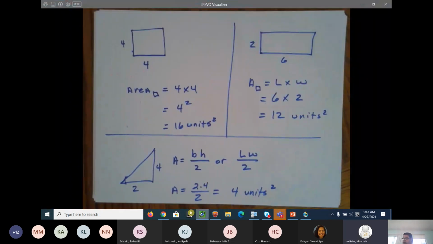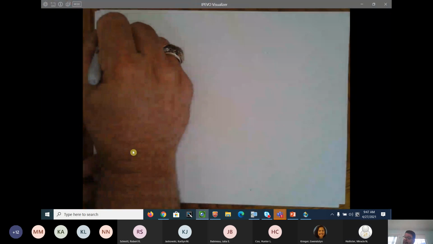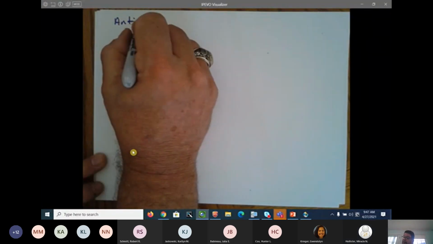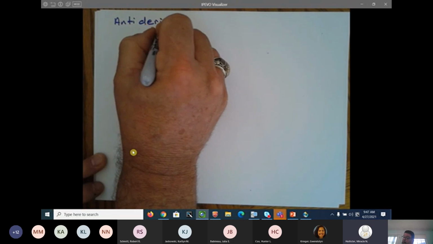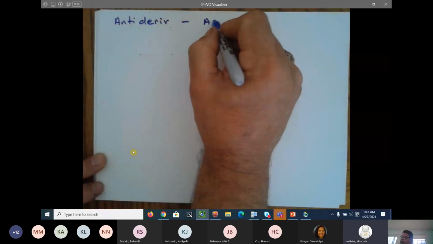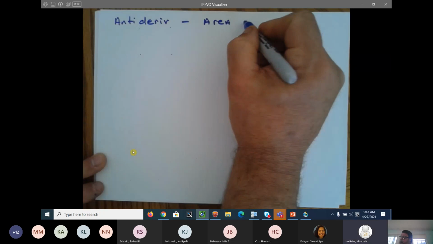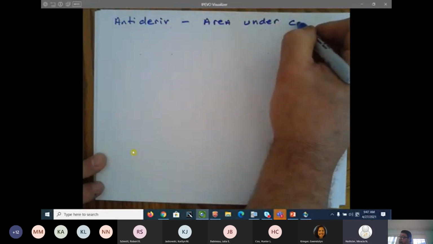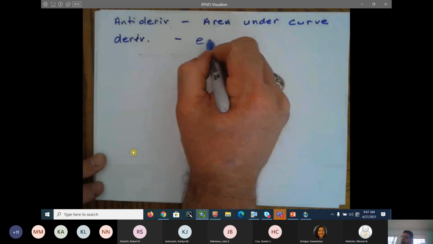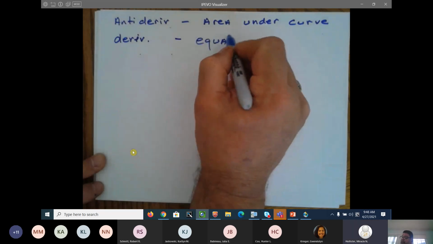The antiderivative, or the integral, is the area under a curve, where your derivative was the equation of the slope of the tangent line.